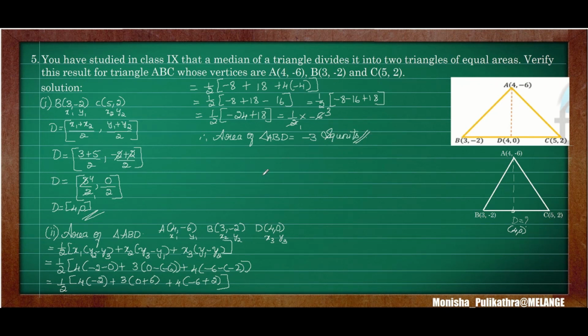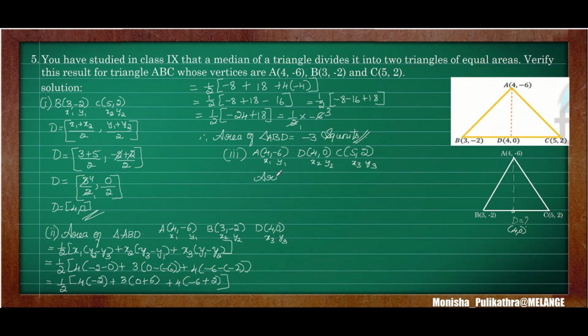Minus 3 square units. Next, moving on to the third case, that is we need to find out the area of triangle ADC. For that we need to take the A value, that is (4, minus 2), and the D value, that is (4, 0), and C, that is (5, 2). So x1 y1, x2 y2 and x3 y3.